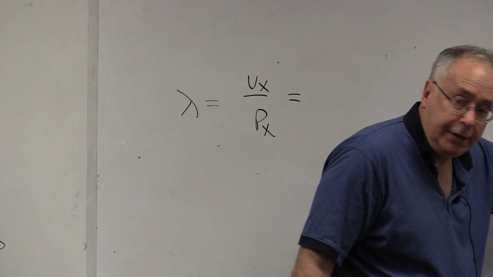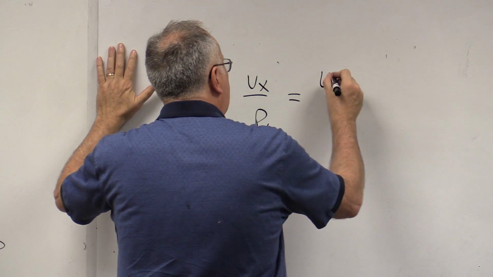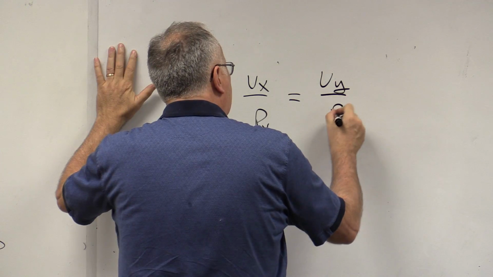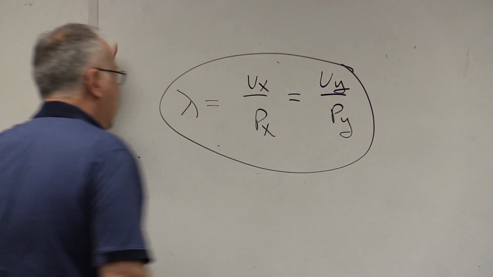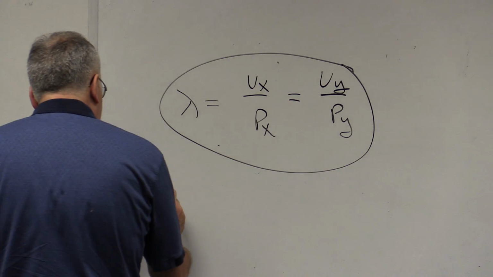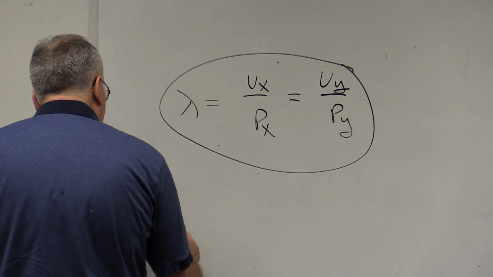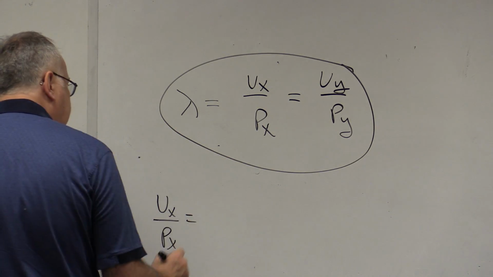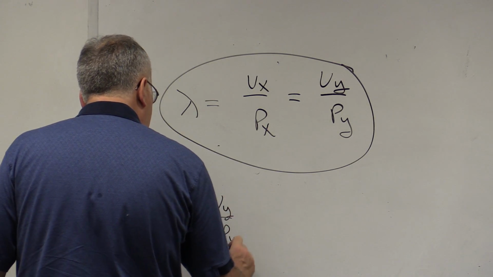Lambda from this equation gives you u sub y over p sub y. So this is the first order condition. And this has a nice intuitive interpretation. Look at this, u sub x, forget about the lambda part now. We require that u sub x over the price of x equals u sub y over the price of y.